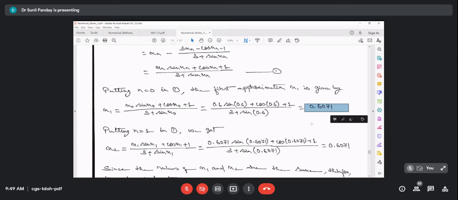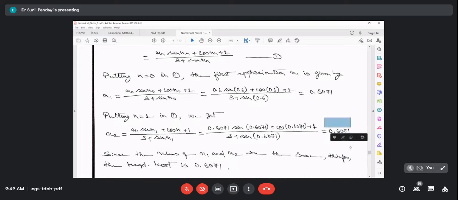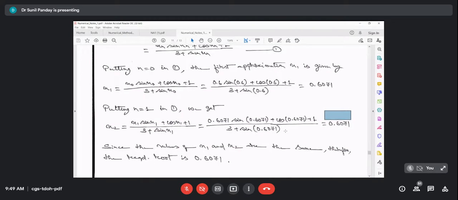Then this value directly they substitute in place of xn, they replace xn by x1, and you get this one, and then this one. Like this they will do.